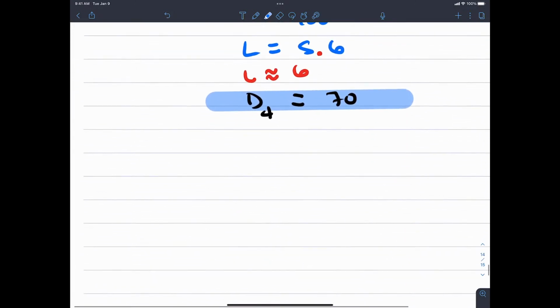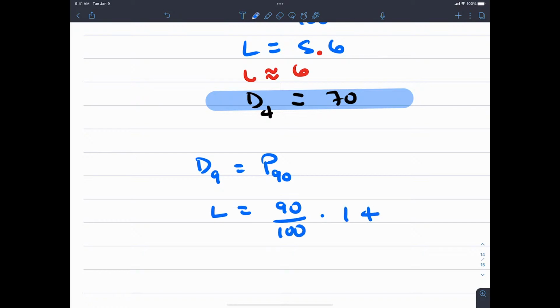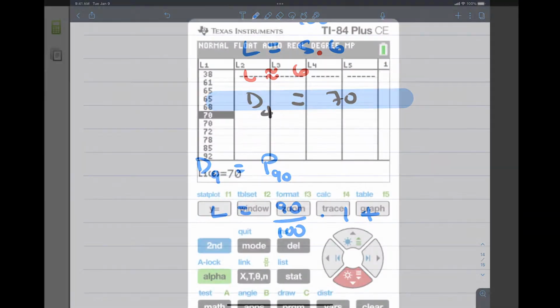What's next? D9? Okay. What's the definition of D9? It's P90. What's my locator? 90 over 100 times what's the sample size again? 14. Ladies and gentlemen, is that true?